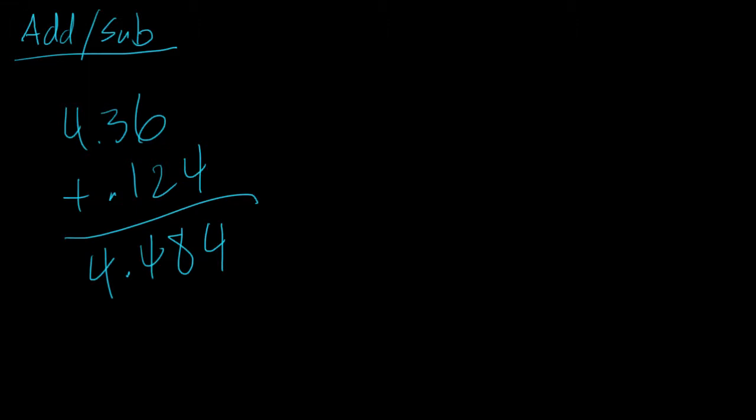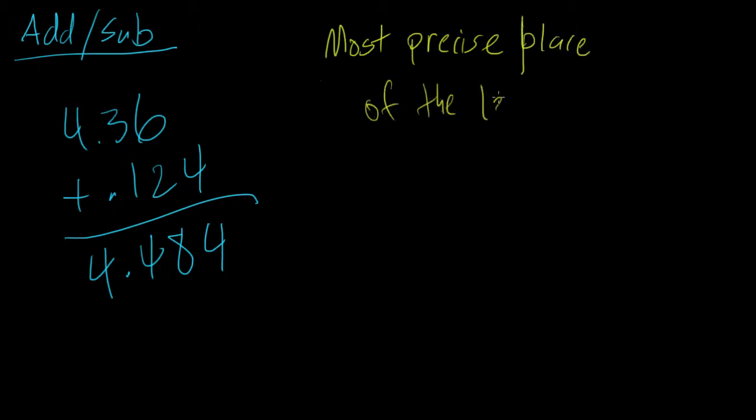Well, the rule for addition and subtraction is you look at the most precise place of the least precise number. That's really sloppy, but you get the idea. The most precise place of the least precise number.